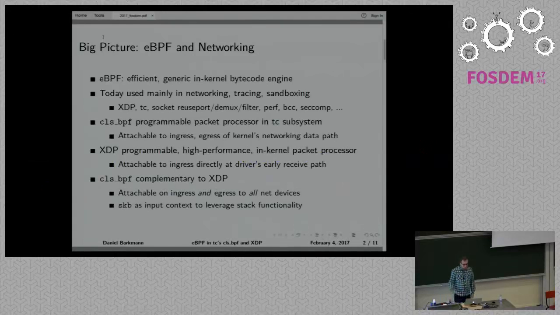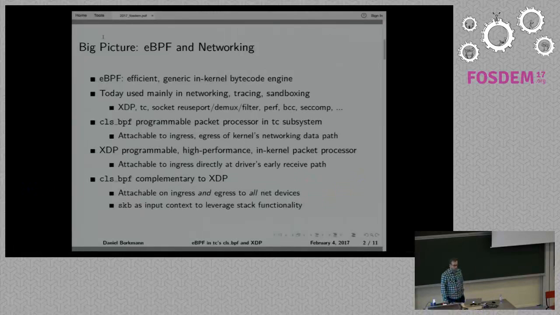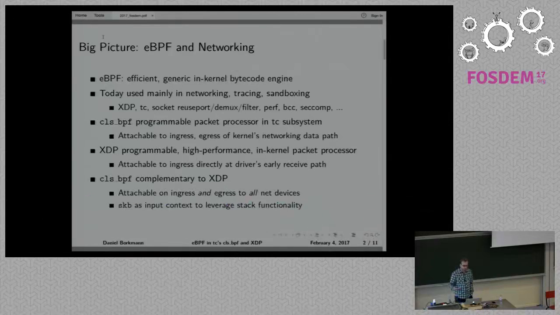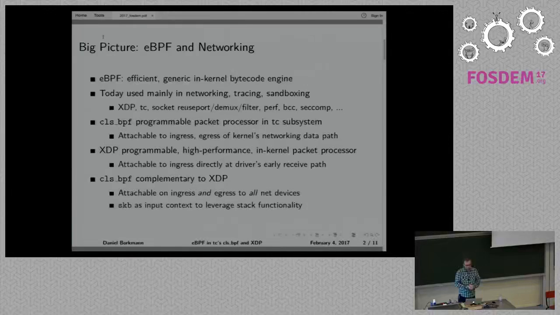You can attach an eBPF program there on the ingress or egress path of the kernel data path of a networking device, and then we also have XDP, which got recently introduced into the kernel. This is also a programmable but high performance in-kernel packet processor that is attachable to drivers that support it, on the ingress side of the driver. I will talk a bit more about that later.